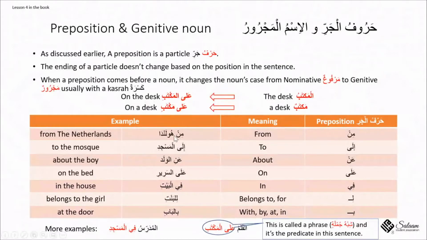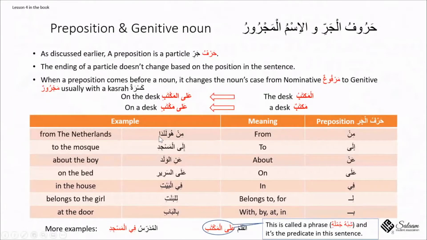So "min Hulanda". This noun is coming after a preposition, so it is genitive, which is majroor. But this kasra is metaphorical. We cannot see it, but there is a kasra here. This name is majroor, right?